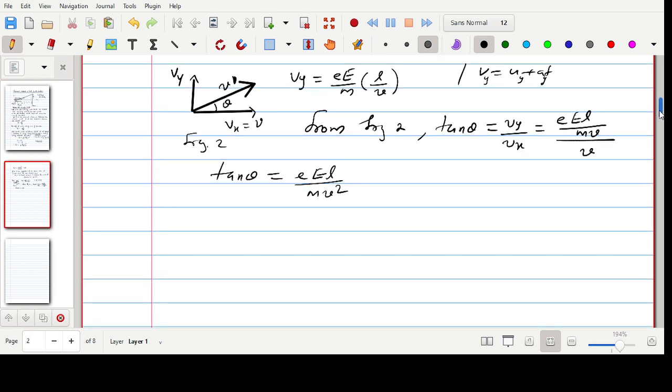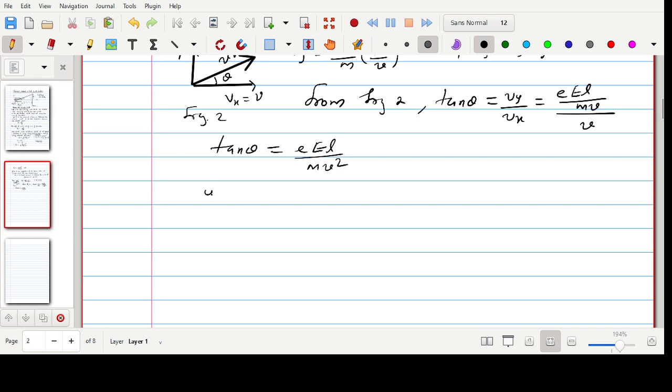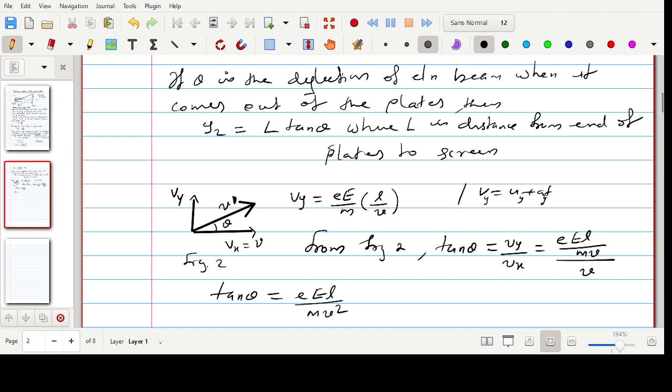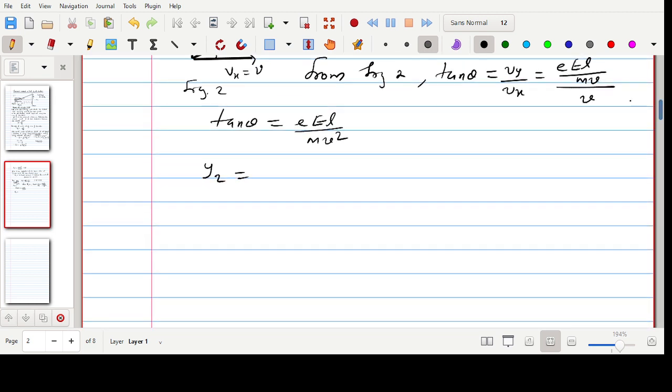Now what about Y2? Y2 equal to L tan theta. So this equation becomes Y2 equal to L into eEL by mV square. This is equation number 2.